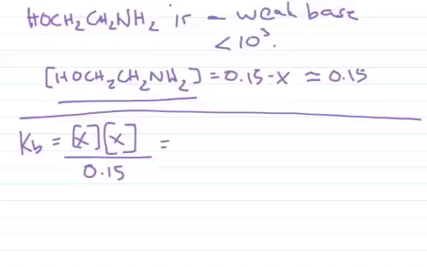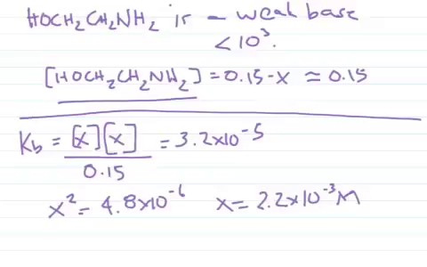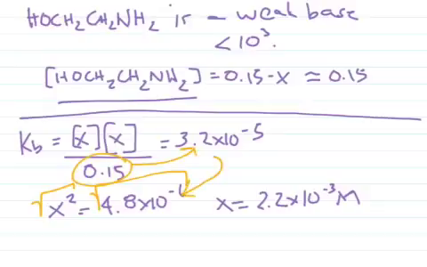So we know our Kb is equal to 3.2 times 10 to the minus 5, and we end up with X squared is equal to 4.8 times 10 to the minus 6. Our X is equal to 2.2 times 10 to the minus third molar. And if you wonder what I did, I just took the square root of both right here. And I multiplied 0.15 to 3.2 to get us that 4.8.